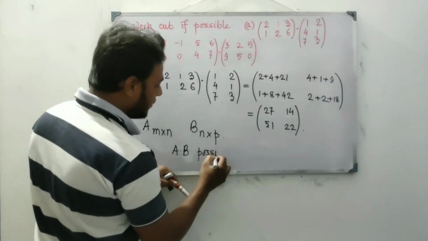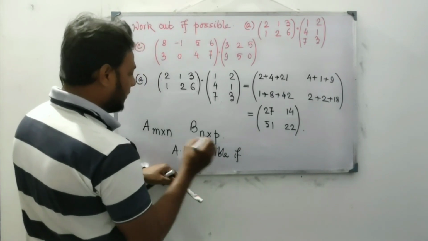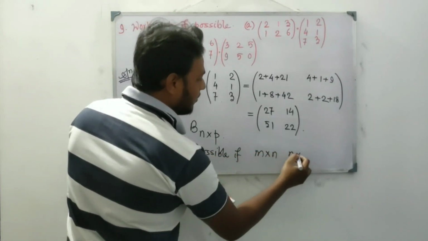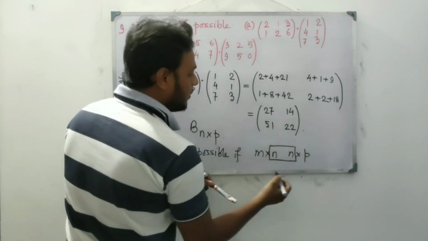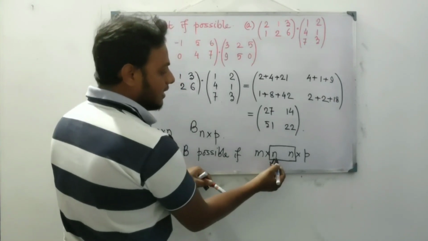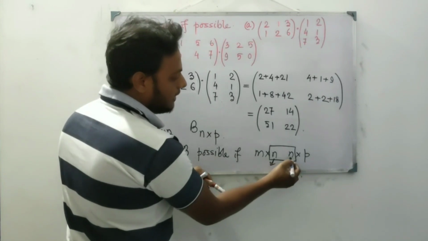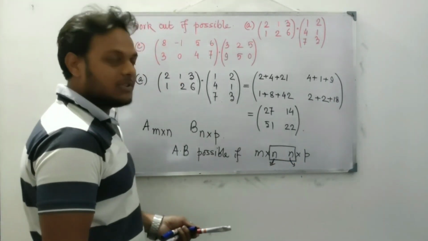This was from the theory part. It is possible if these two n are equal. Here m cross n is the order of the first matrix, n cross p is the order of the second matrix. If these two are equal, it means the number of columns of the first matrix equals the number of rows of the second matrix.